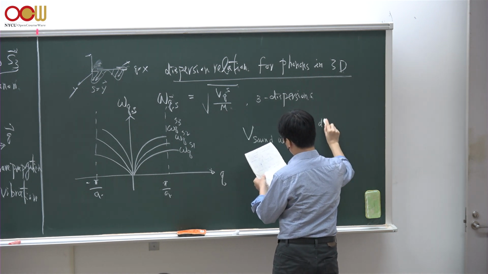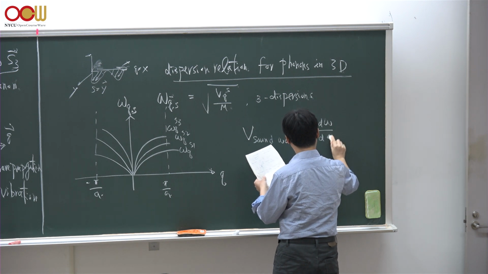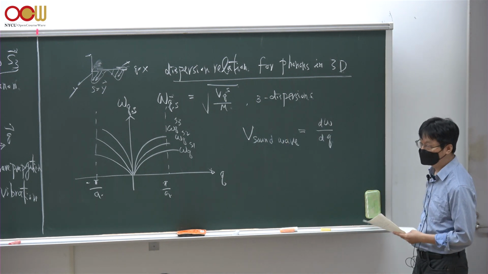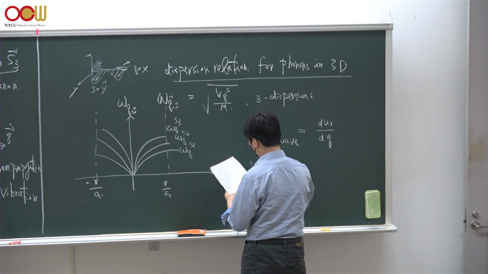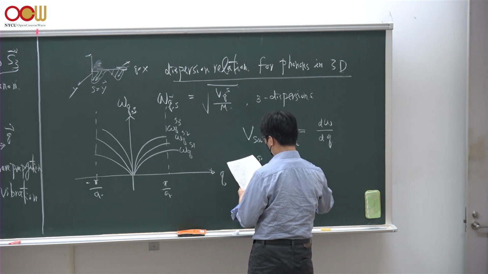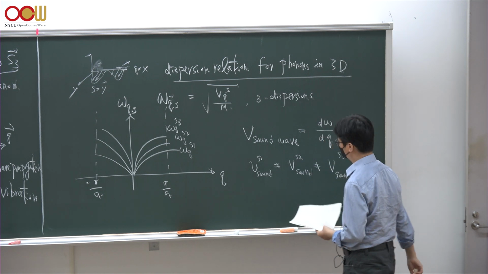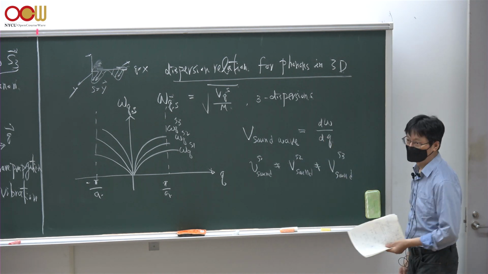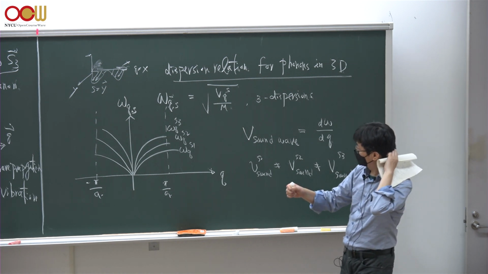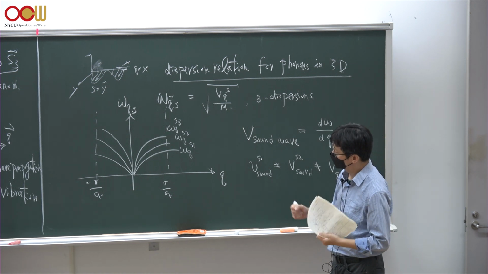The velocity of a sound wave is actually d omega by dq, and sound velocity is actually different along different polarizations.